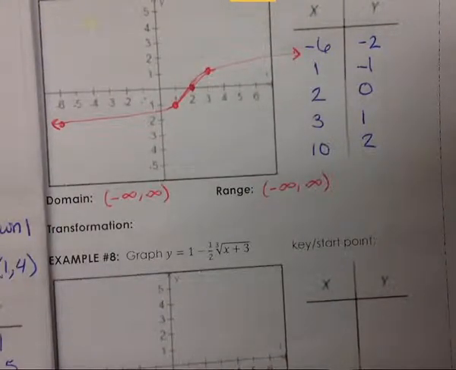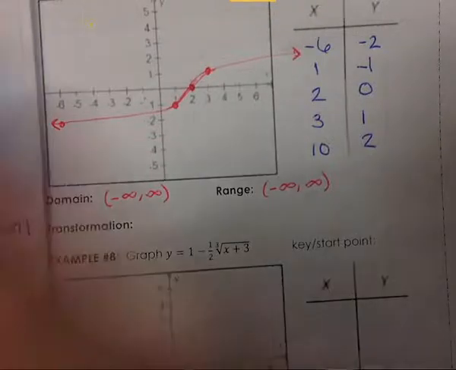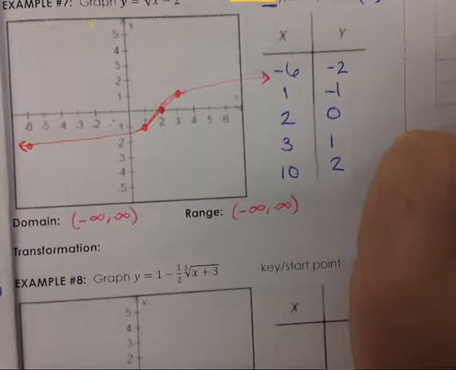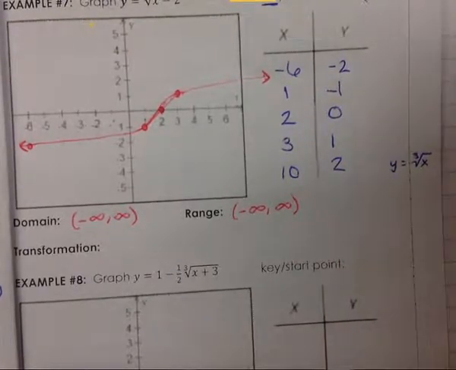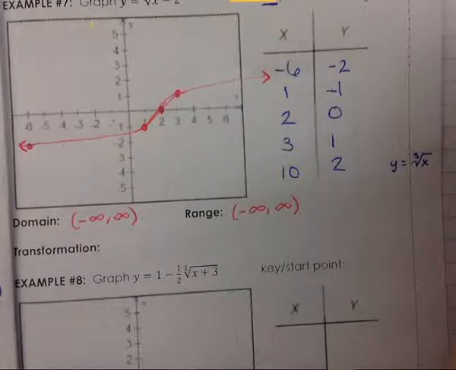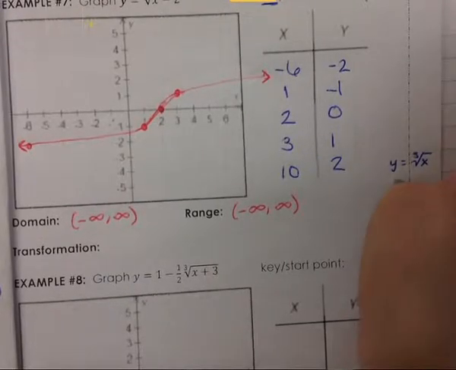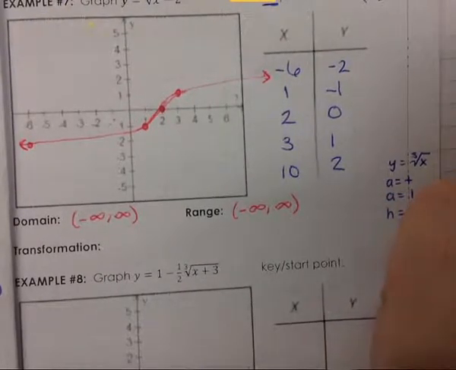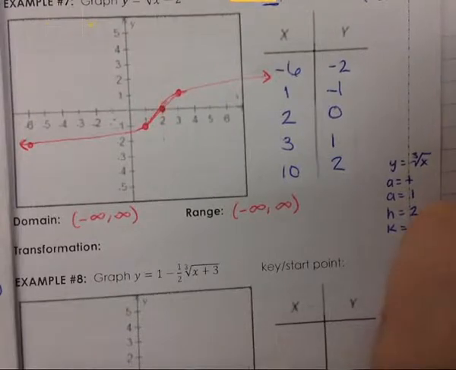Now to talk about our transformations, we still are focusing on our parent function. This time, our parent function is the cube root of x. So we still deal with the function notation of our a, h, and k. So our a is equal to a positive 1. Our h is equal to a positive 2. And our k is equal to a 0.